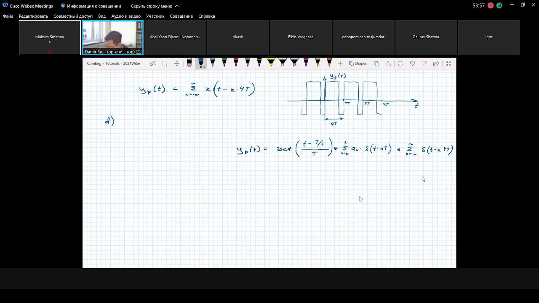This is the period of our sequence. But in order to find the autocorrelation, we use all the same steps that we did before. First, we can find the autocorrelation, as we already know it, for the pulse shape. We can find the autocorrelation for the whole periodic sequence, and then combine these two parts.